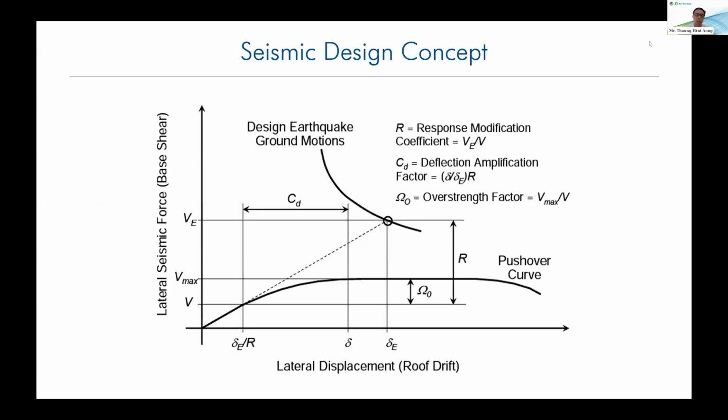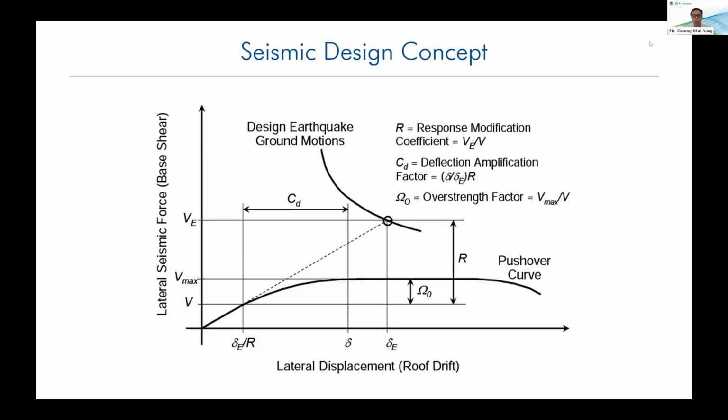If we design them to remain elastic under strong earthquakes, which may or may not happen during the lifetime of the building, our design may not be economical. So we design the building to be serviceable under frequent, low-level earthquakes, but the building should not collapse under extreme earthquakes.